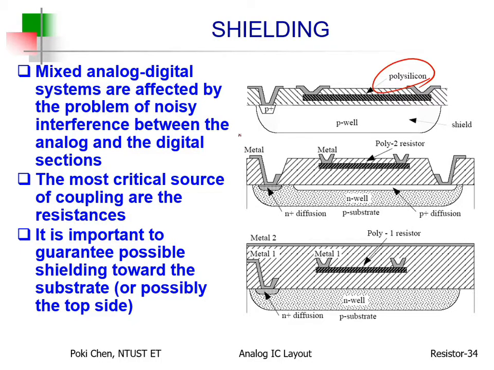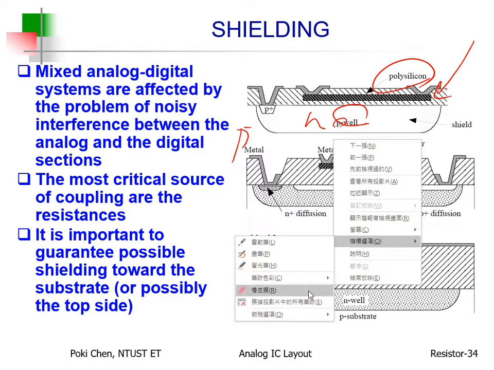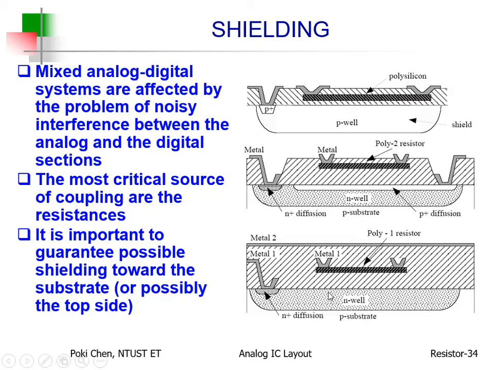If you have P substrate, then you need to have N well. And here, on the top, it is N substrate, so they have P well for you. Anyhow, it is not so bad, but I cannot say it is good. Why? According to the well, the resistivity is quite high.